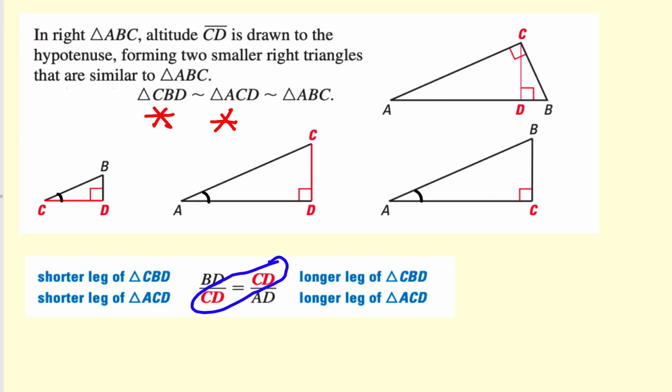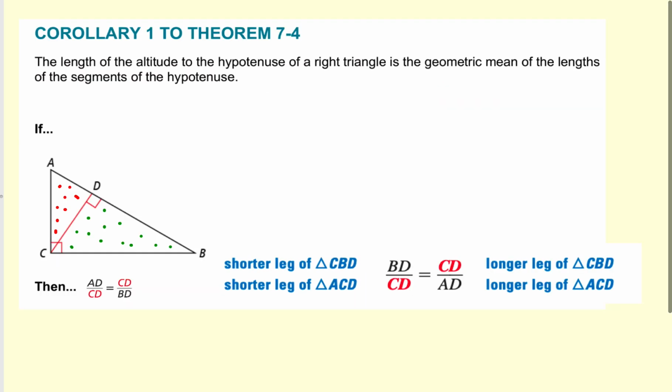So this is going to lead to our next theorem, which says that between these two triangles, the shorter leg of CBD is to the shorter leg of ACD, as the longer leg to the longer leg. And again, this is a geometric mean. And so the theorem is going to actually refer to this CD as an altitude, and it's going to refer to the fact that we do have a geometric mean, and it's going to refer to these lengths right here.